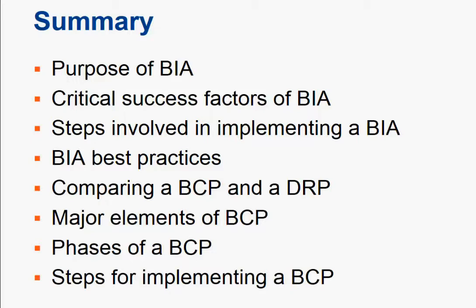For example, the chief executive officer, the CEO, may want to be informed by the BCP coordinator prior to activating the BCP. However, if the CEO is on vacation and can't be reached, who should the BCP coordinator notify instead? The business continuity plan would include an order of succession.